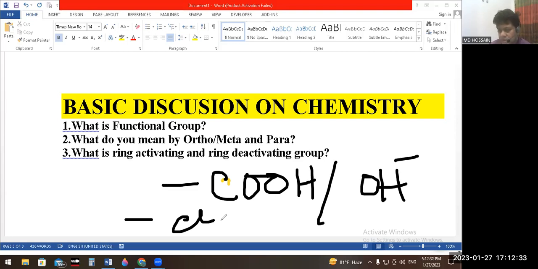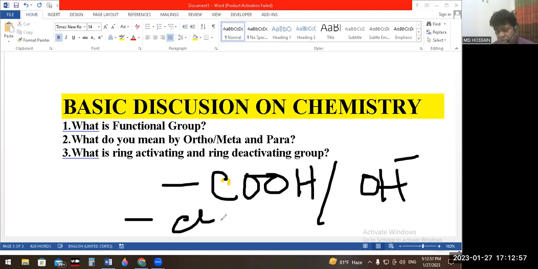So we can understand the functional group may be a single atom or a combination of atoms. And what is the main function? The main function of the functional group is to determine the chemical characteristics and chemical behavior of the species. Some functional groups are charged and some are neutral.